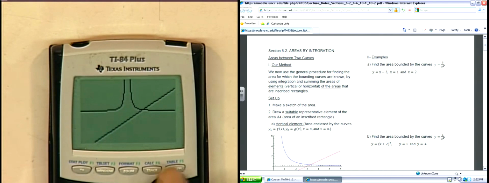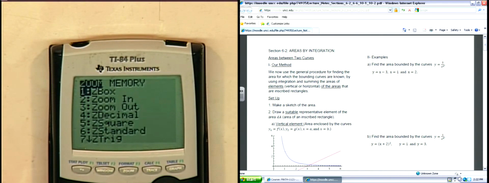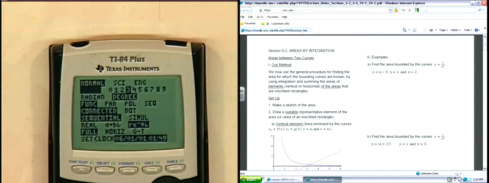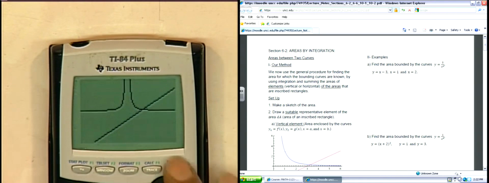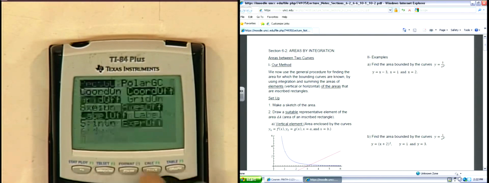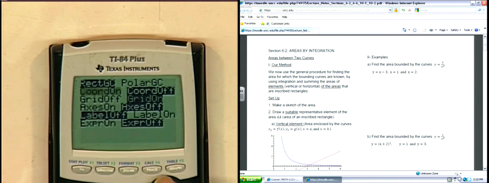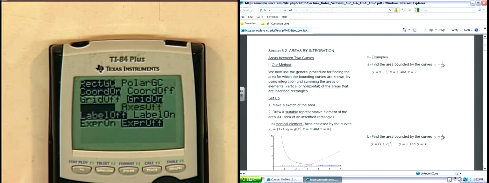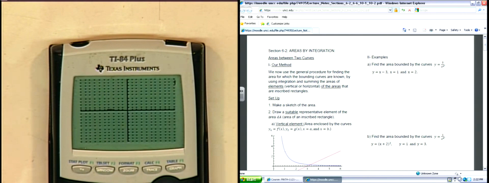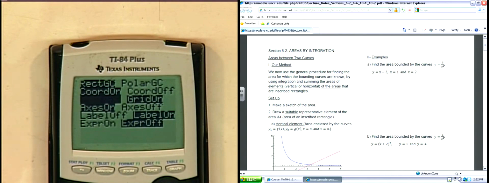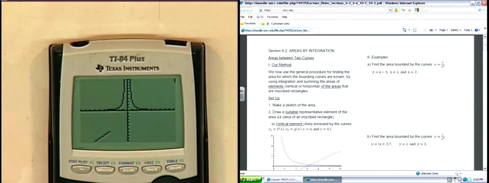Mine is in a funny mode. Okay, I have a graph.